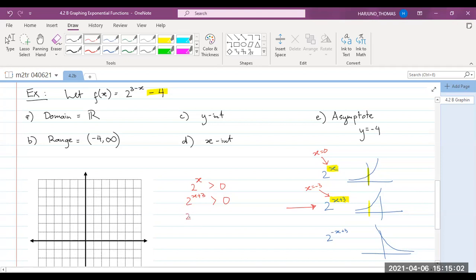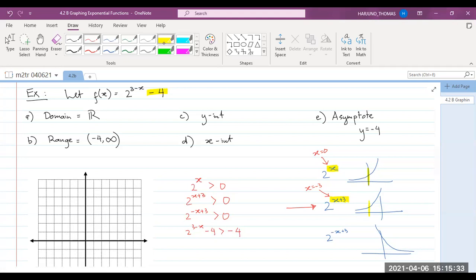Replacing x by negative x is a reflection with respect to the y-axis. That is also a left-right movement, so it will not affect how it moves up or down. Only when you subtract 4 do you subtract this 0 by 4.